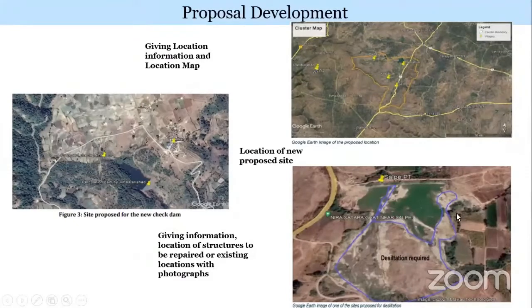We can also get the measurements, what is the length and what is the height. This can be analyzed using Google Earth, and then we can put the measurements of the locations, and this can be used for further processing.